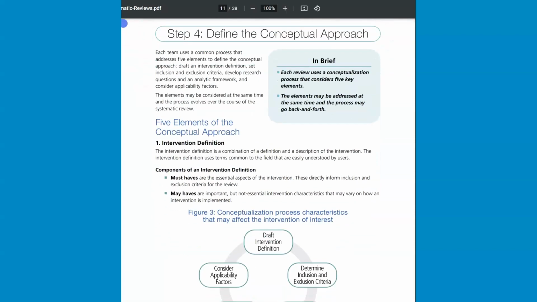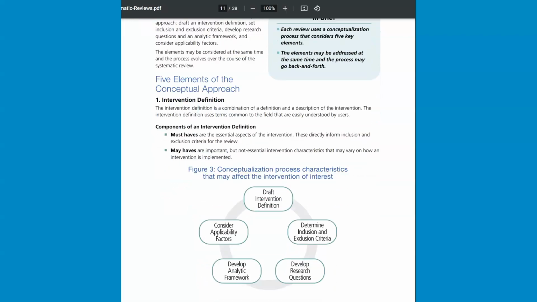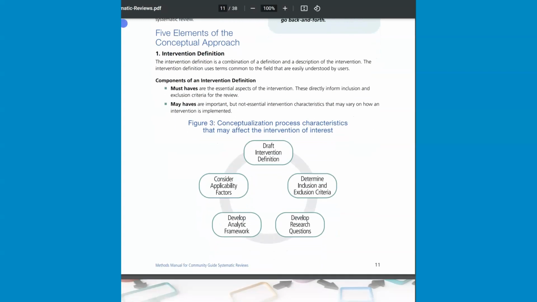So with step 4, you have a conceptualization process that uses 5 key elements. The elements may be addressed at the same time, and the process may go back and forth. So there's an intervention definition. You have to define the intervention. So let's put it this way: what is it that this intervention must have? What does it need? That's what you need to figure out. What are the essential aspects of the intervention?